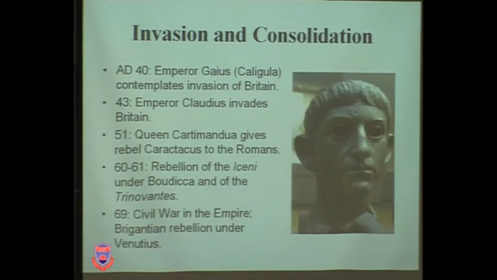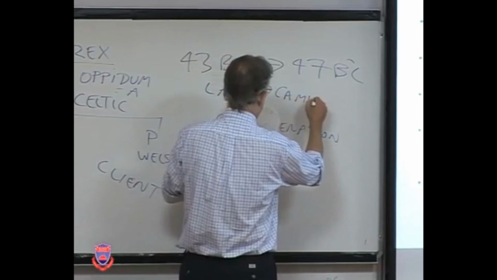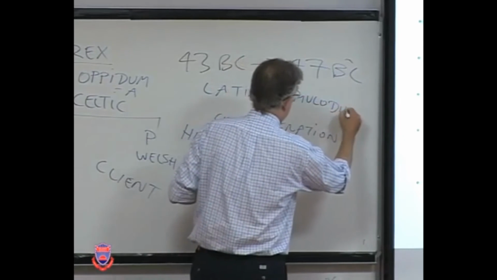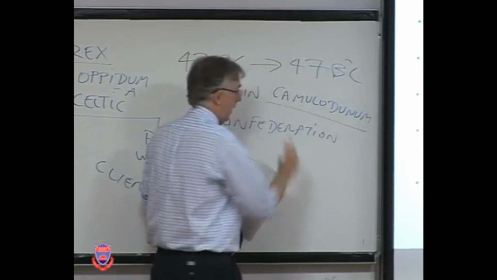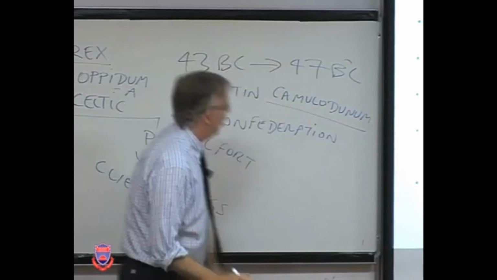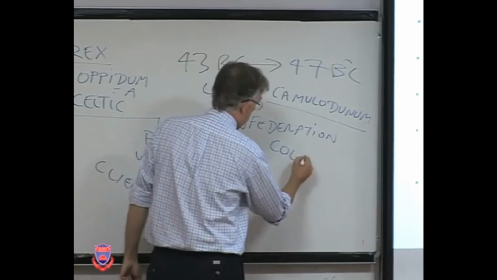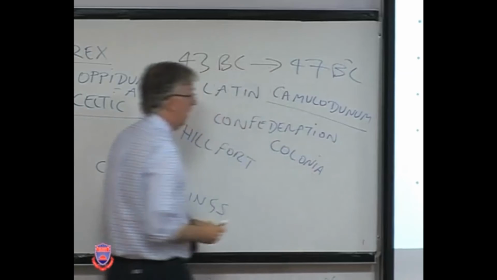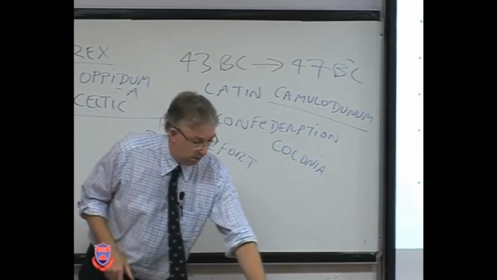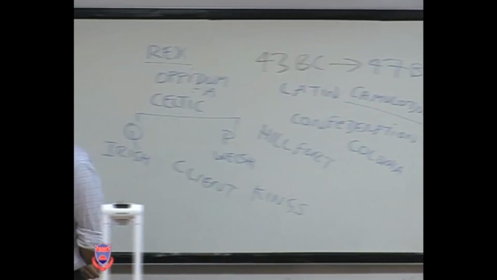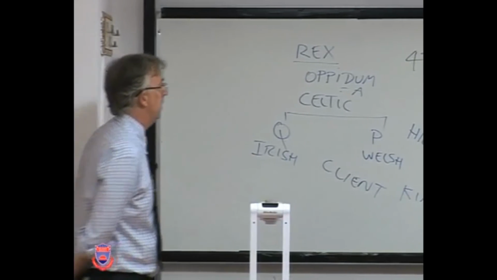And the neighboring Trinovantes tribe were objecting, in part, to the building of a Roman colony planned to become a capital city on their old site, Camulodunum.